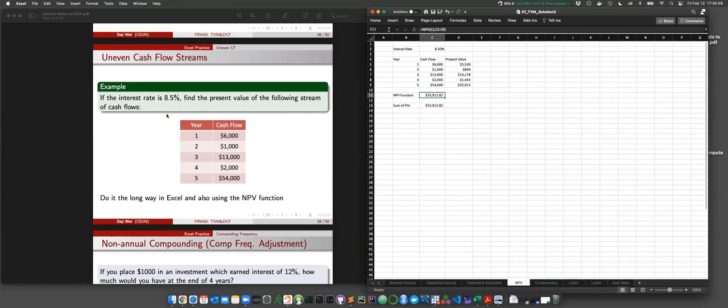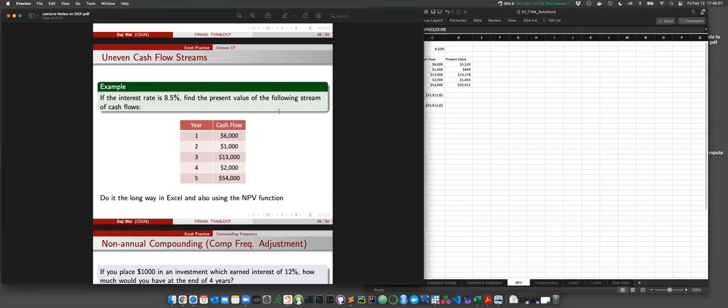Suppose you have a sequence of cash flows like this. You have 5 investment periods. You can see the level of the cash flows are different. Given the interest rate, how do you evaluate this asset?